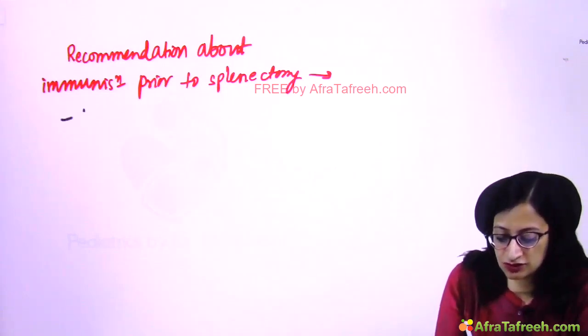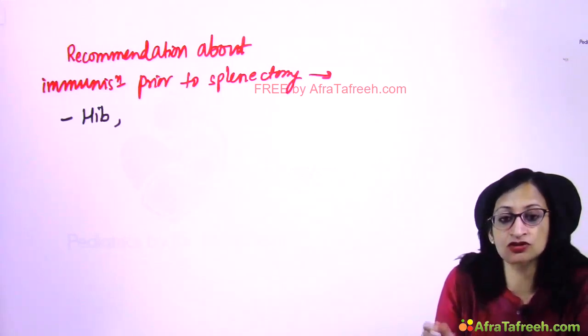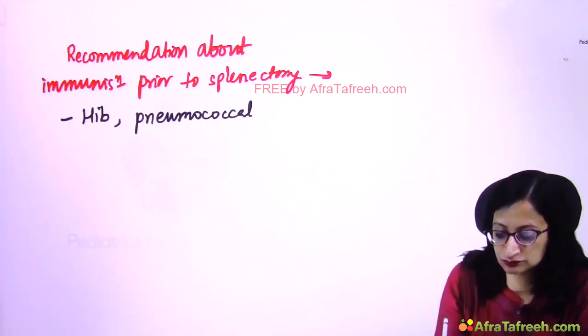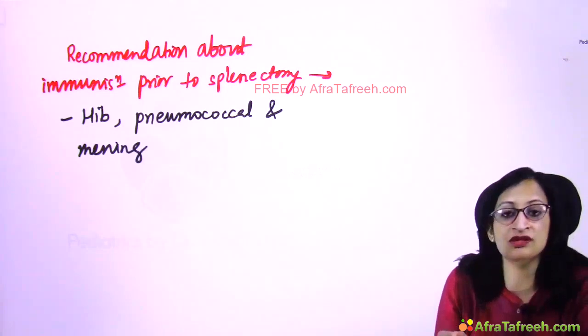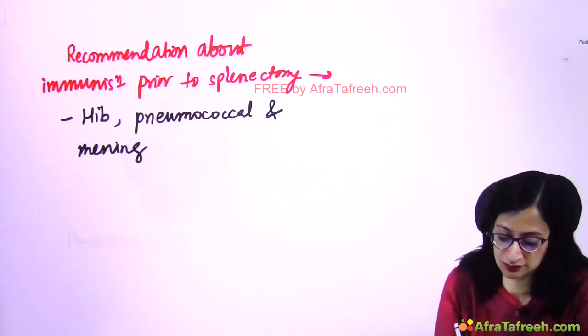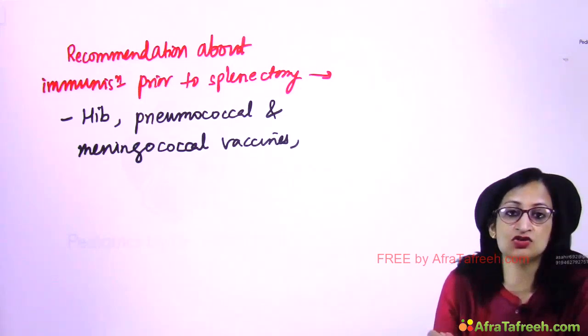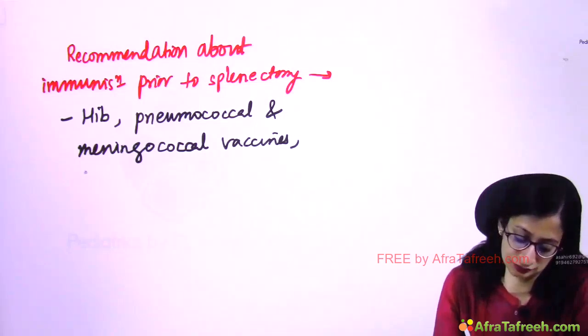So we should give Hib, pneumococcal and meningococcal vaccines at least 2 weeks before splenectomy, at least 2 weeks before surgery.